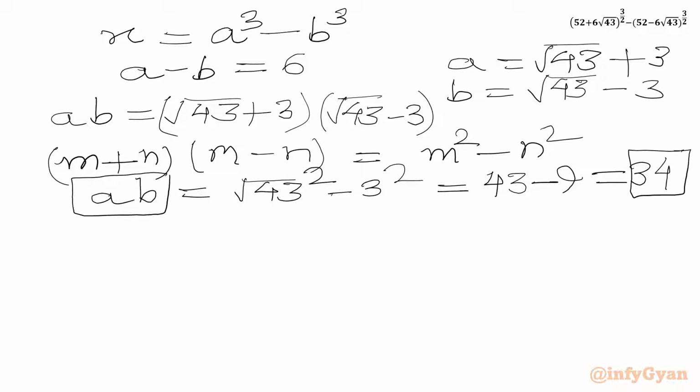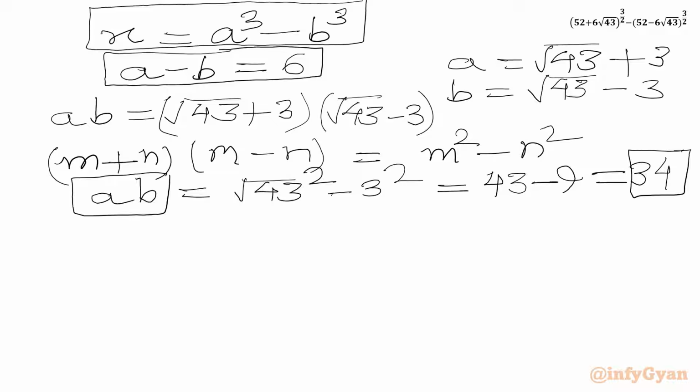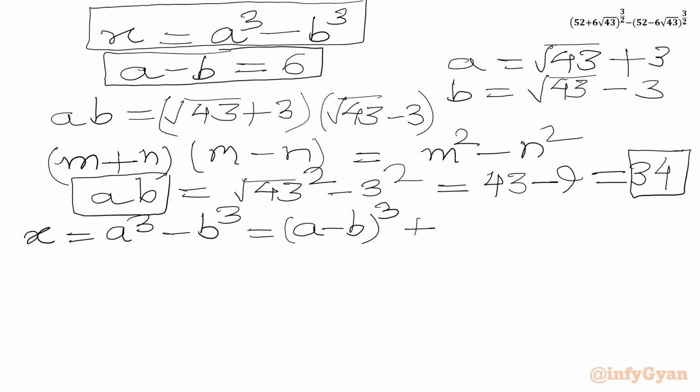a − b is 6. We have to find a cube minus b cube. So I will write here x equal to a cube minus b cube equal to (a − b) whole cube plus 3ab(a − b).